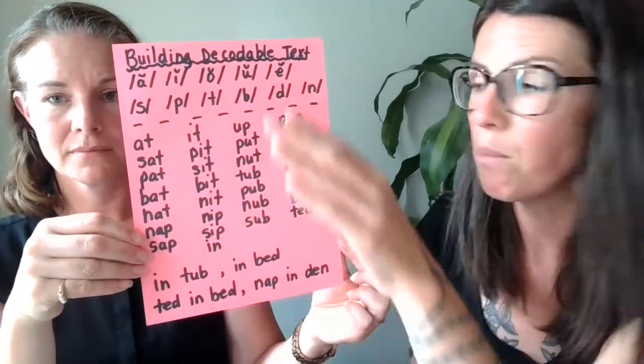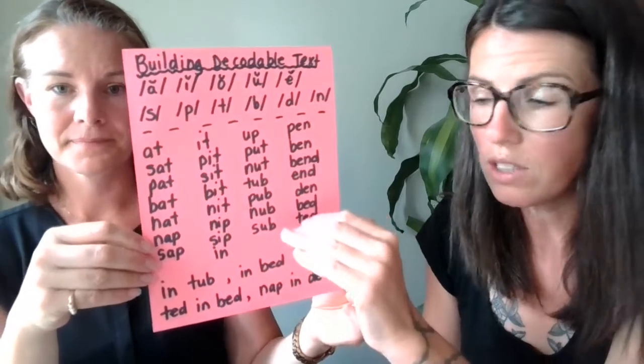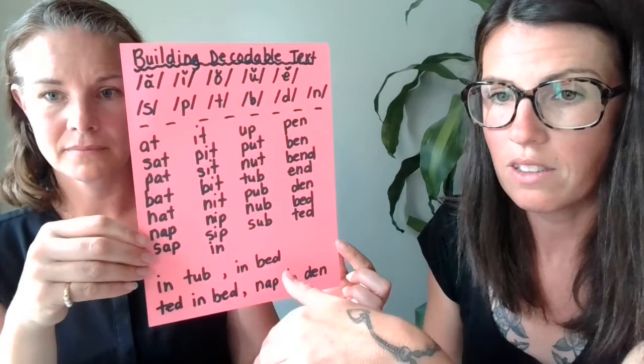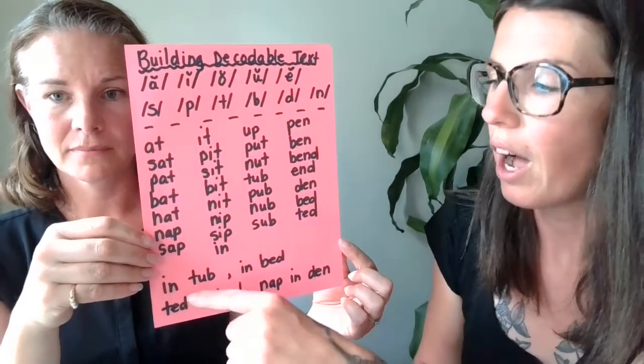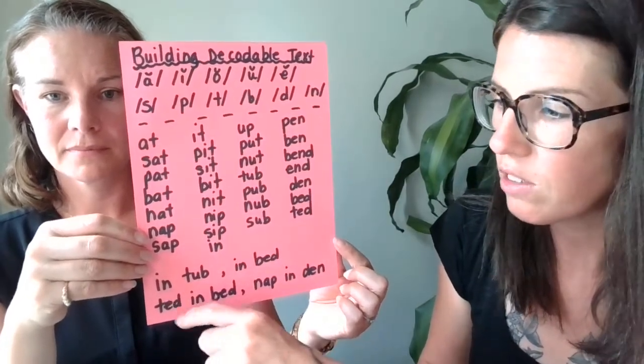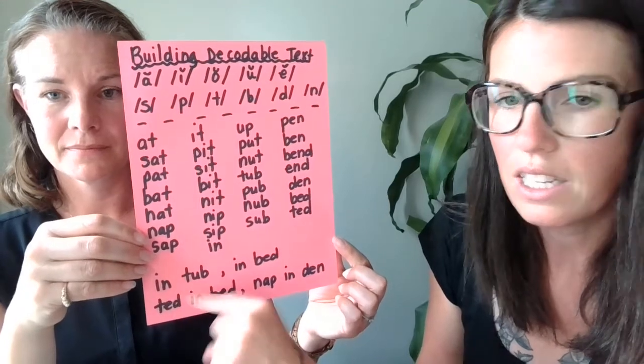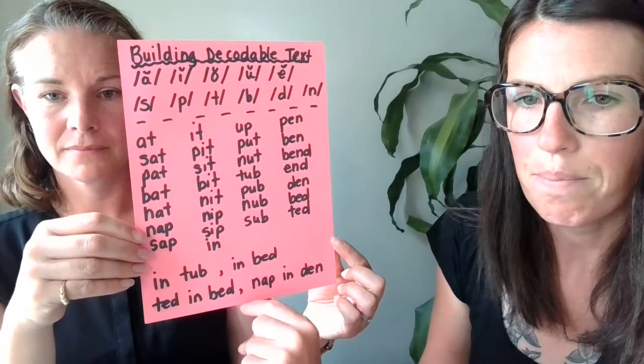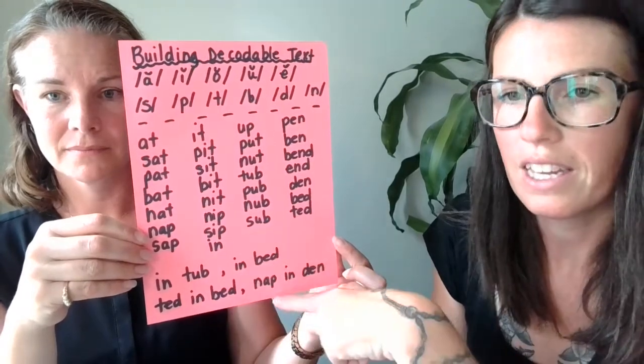Once they've moved beyond the words, you can start to introduce phrases or sentences and paragraphs. I've done a quick example here of some phrases, so I could have them read in tub, in bed, Ted in bed, nap in den.